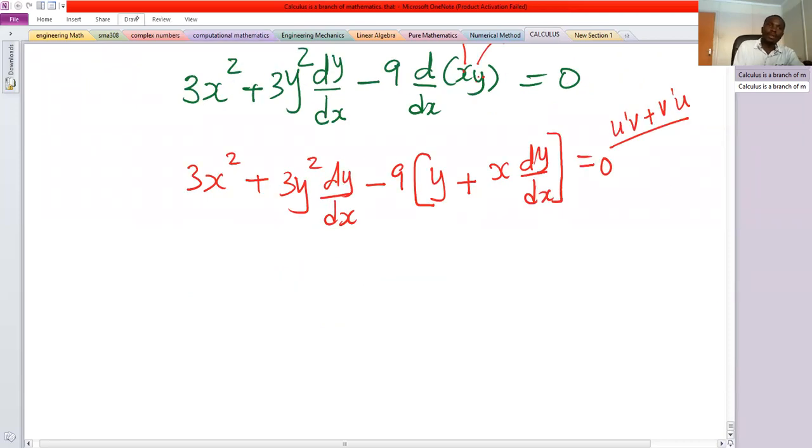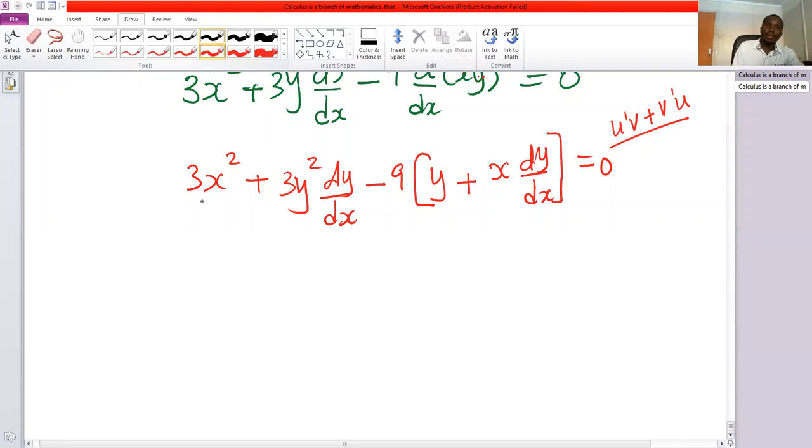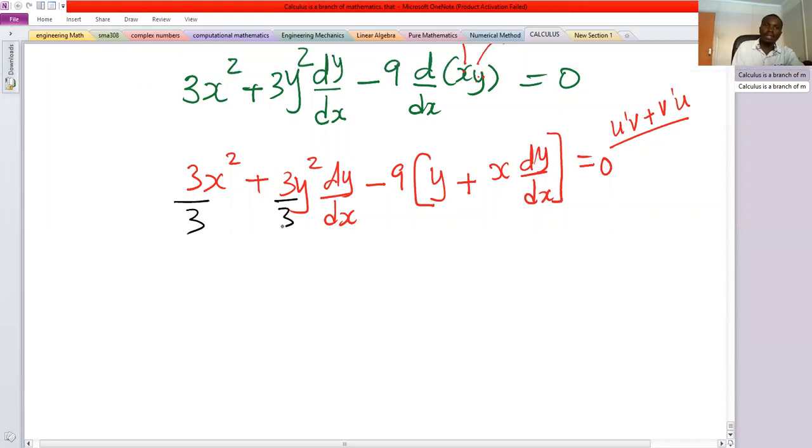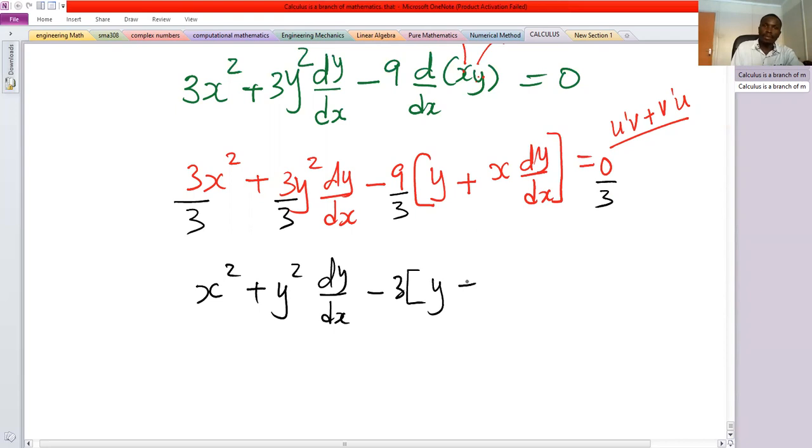In fact, we can divide through by 3 because every term has a factor 3. So we have x squared plus y squared dy/dx minus 3y plus x dy/dx equals 0.